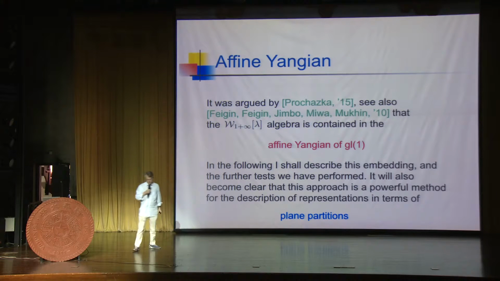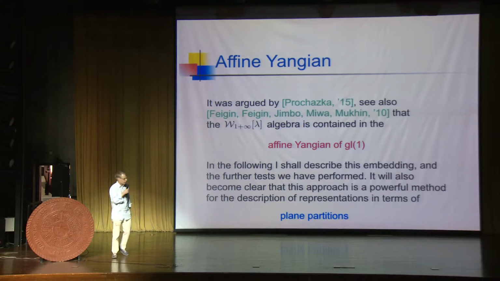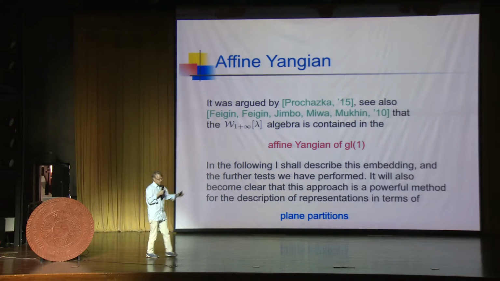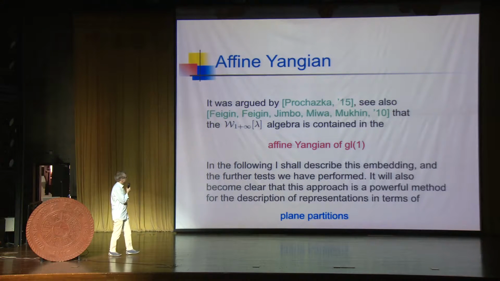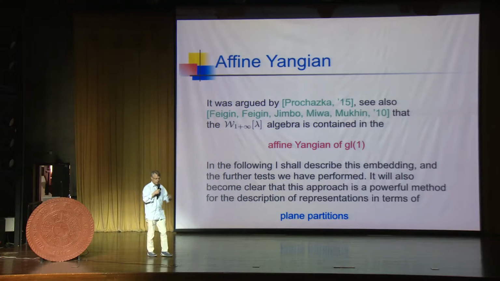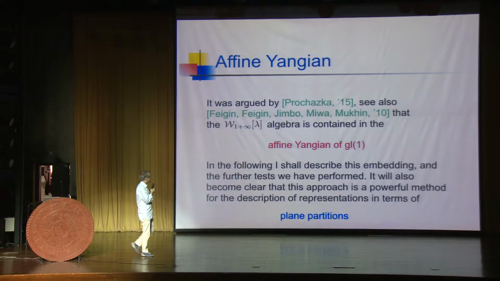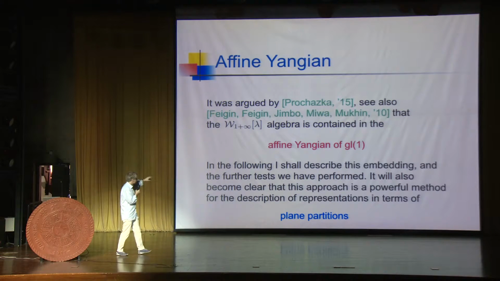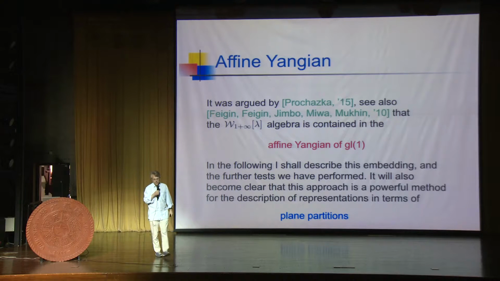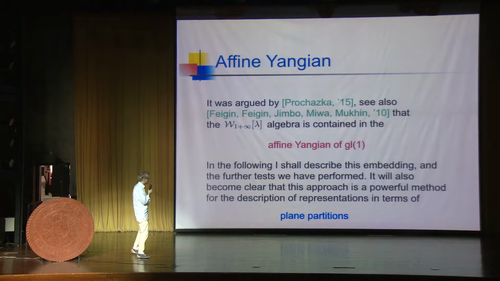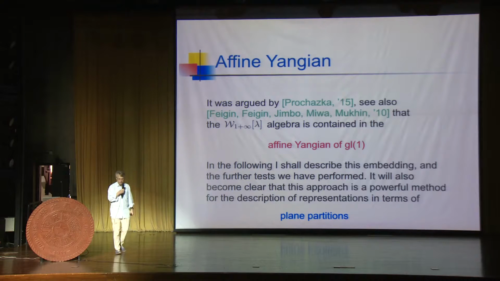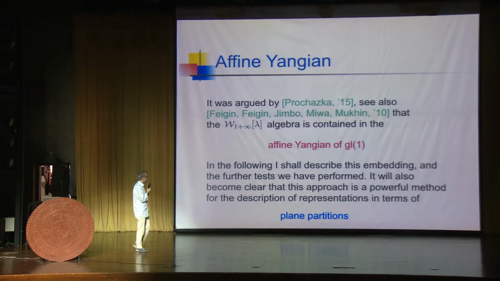Okay, so the paper I was alluding to at the beginning, the paper by Tomasz Prochazka that appeared at the end of last year, in December of 2015, he noted, using previous results of other people, that this W1 plus infinity of lambda algebra is actually contained in a specific Yangian algebra, namely the affine Yangian of GL1.